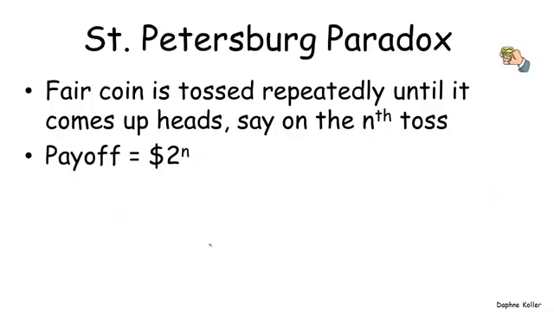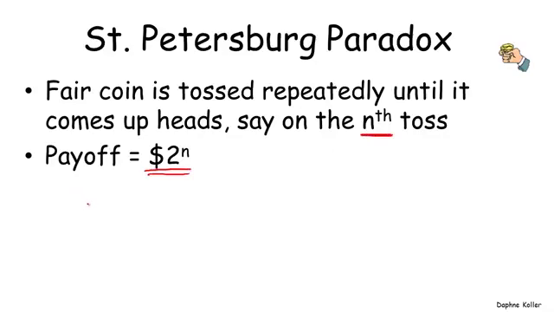Another very famous example of this type of preference is what's called the St. Petersburg paradox. St. Petersburg paradox is an imaginary game that one can play where a fair coin is tossed repeatedly until it comes up heads for the first time. And if it comes up heads for the first time on the nth toss, you get 2 to the n dollars. So what's the expected payoff in this case?